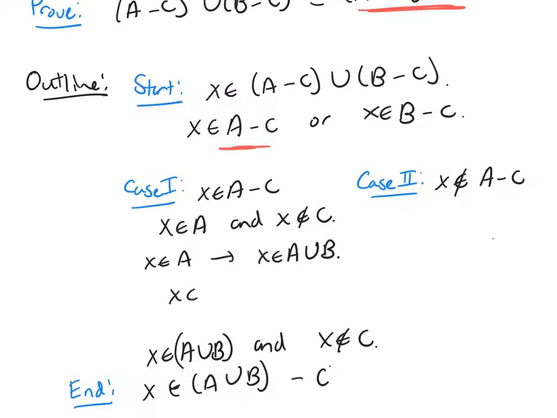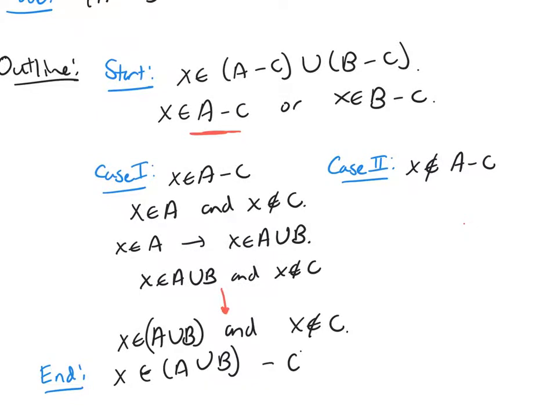I have that X is in A union B and X is not in C, and that's exactly what I needed to get to. So we finished case 1.